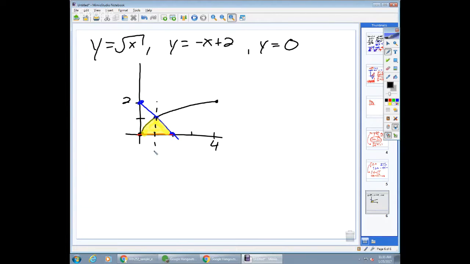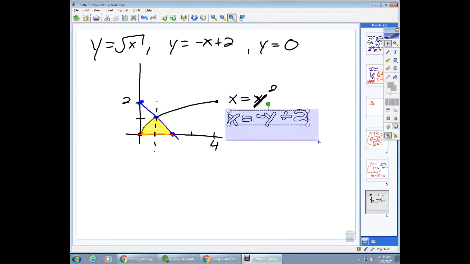So then I have to restate these as functions of y. The black function would be x equals y squared. And the other function, if I bring the x over and the y back, is pretty symmetric. It would be x equals negative y plus 2, the blue function here.